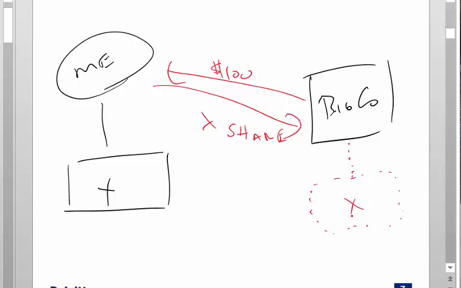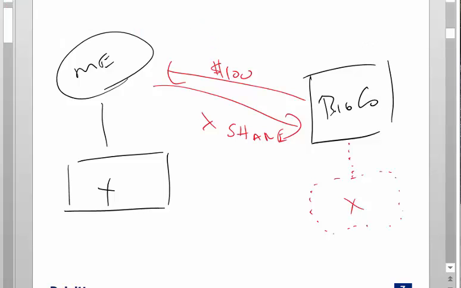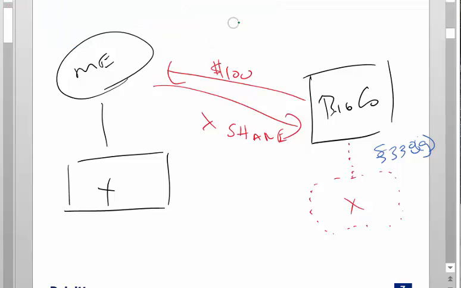So, if I wanted to, I could make a Section 338 election, 338G, and what that election would basically do is it would allow X to sell its assets to itself in a taxable transaction.